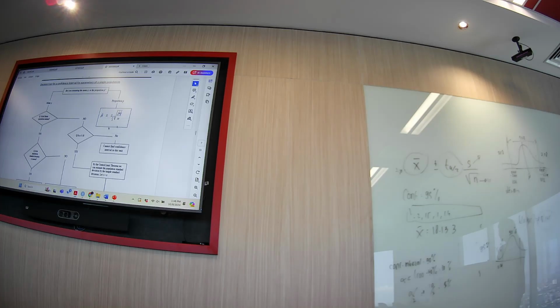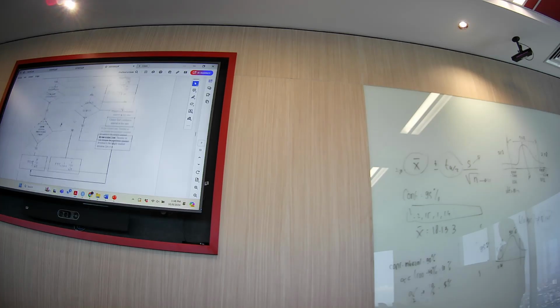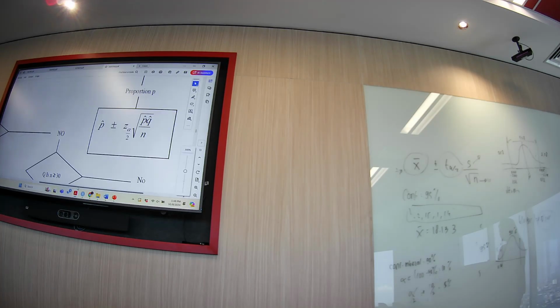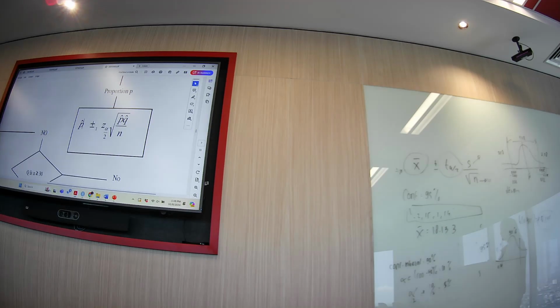For proportion there is only one formula, while here you have two formulas depending on the decision. The formula is p hat plus or minus, and this one is not using the t table, but the z table. What is q? q is 1 minus p.